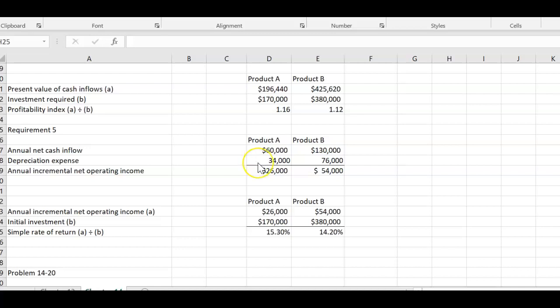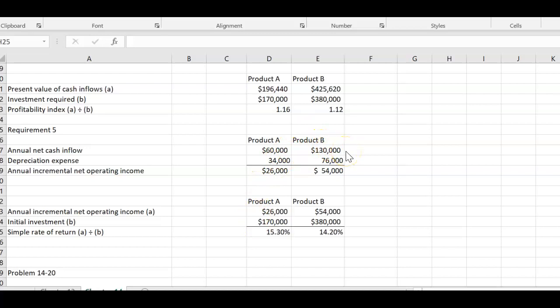So we have to subtract the depreciation for product A of $34,000, and the annual incremental net income is $26,000. We would take the annual incremental net income and divide it by the initial investment of $170,000. So the simple rate of return is 15.3%.